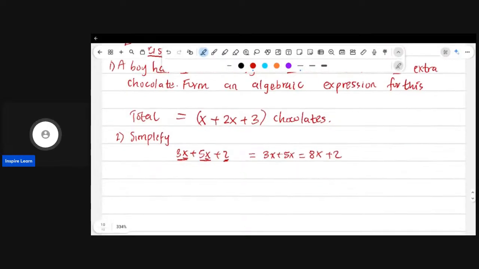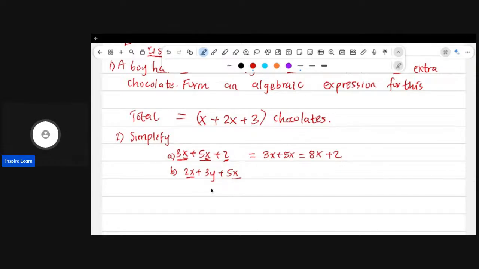You can also have another one here. Let's call that A. Then on B, if you're given 2x plus 3y plus 5x, what are you going to do? Remember, we have said you can only add like terms. So for this case, the like terms are x and x.